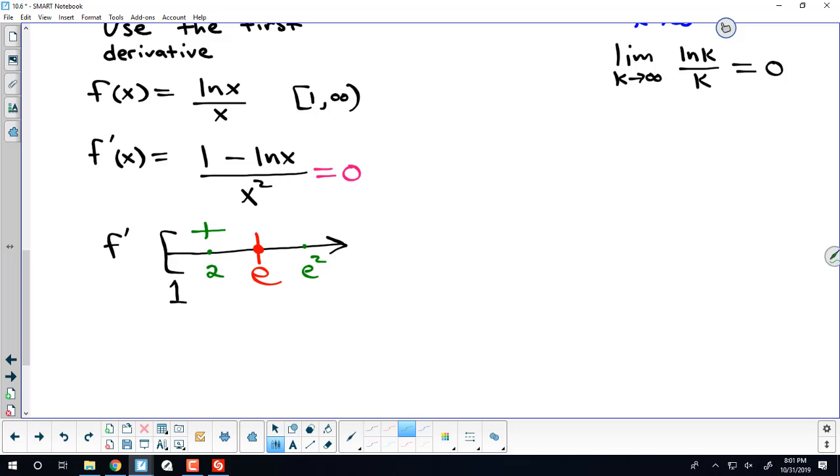It's 1 minus 2 over a positive number, so you get a negative number. And that was the only critical value we came up with, so that means after a value of e, the first derivative is negative, or after a value of e, the original series is decreasing.